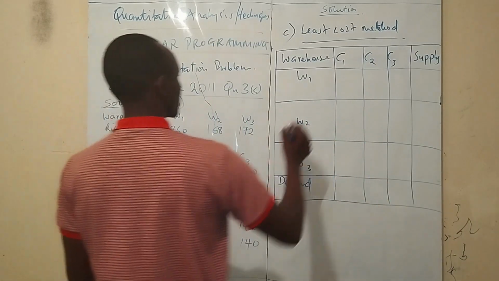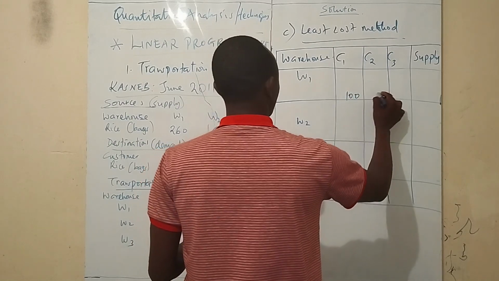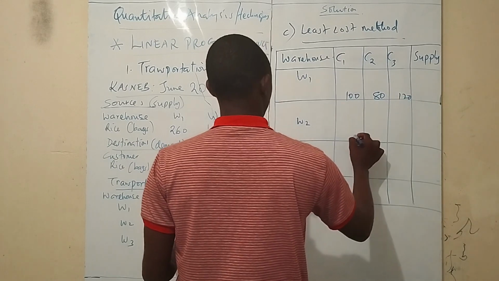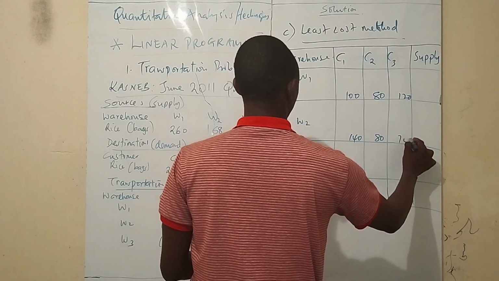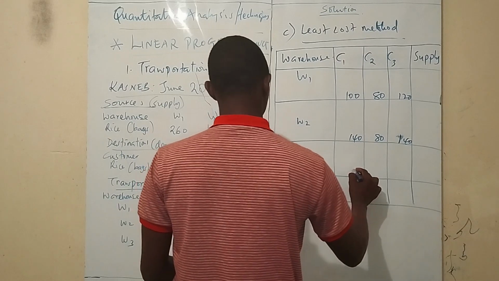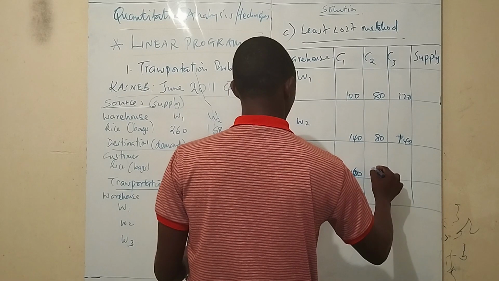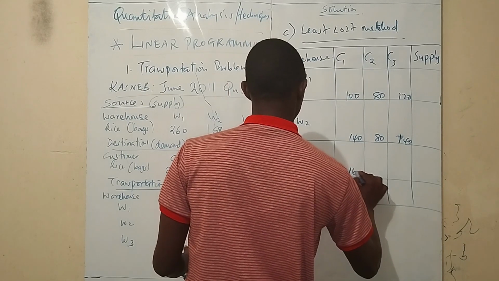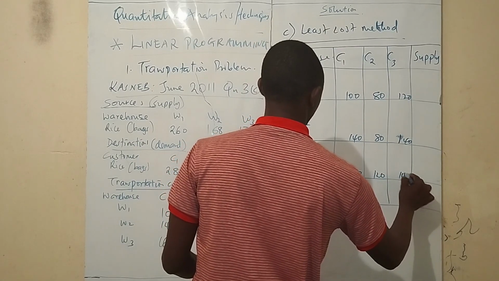So we have the costs being 100, 80, 120, 140, 80, then 140. We have 160, 120, and then you have 140.